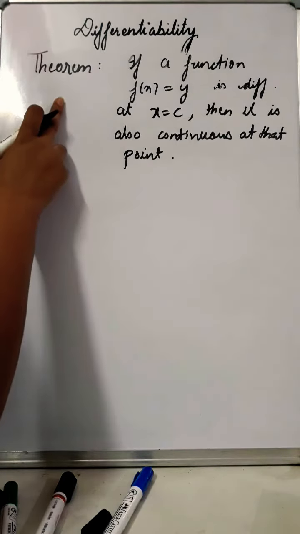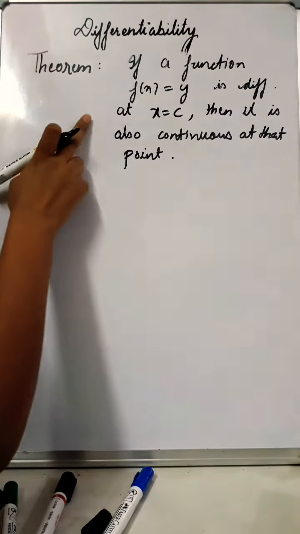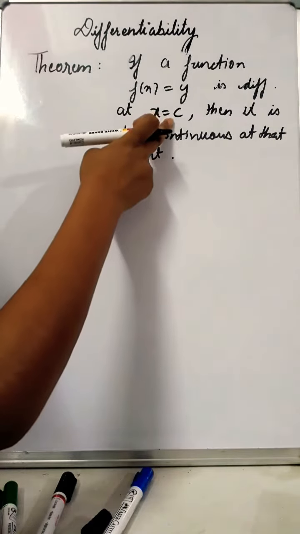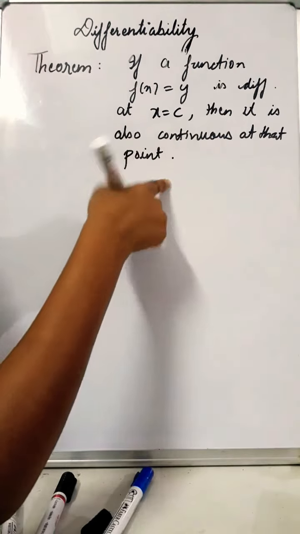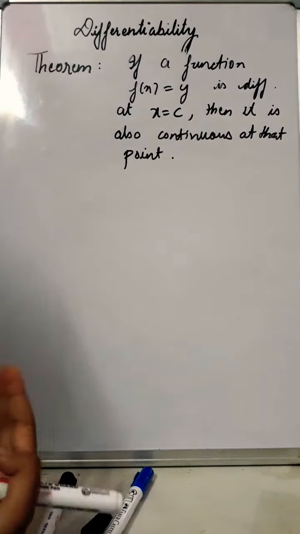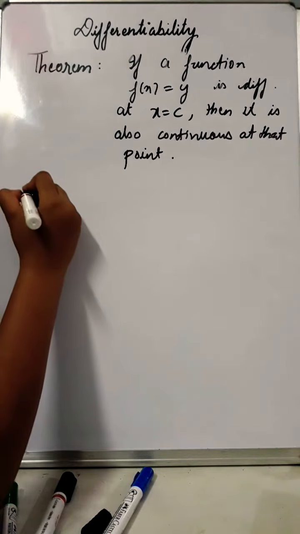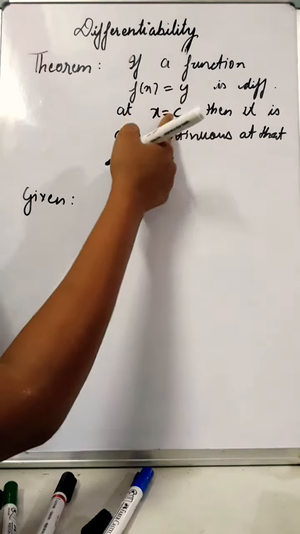Your theorem states that if a function f(x) equal to y is differentiable at some x equal to c, then it is also continuous at that point. Means the function is also continuous at x equal to c. So we will see how we have to prove this. What is given? Given is that the function is differentiable at c.